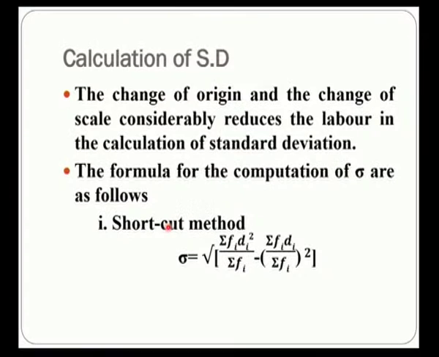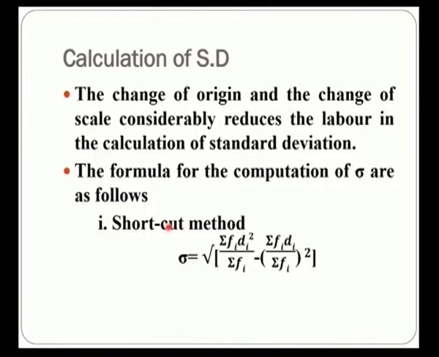Here the change of origin and the change of scale considerably reduces the labor in the calculation of standard deviation. So, in the group of data given, first we need to change the origin and the scale of the data. Once we did that, we have simplified the calculation of standard deviation, then we can apply the given values in the formula.